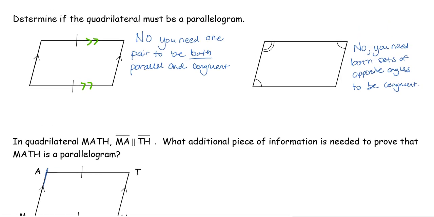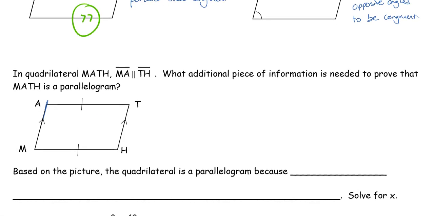So what would we still need to know? In the example we showed up here, we would need the top and bottom to be parallel, and that way we have one set that is both parallel and congruent.